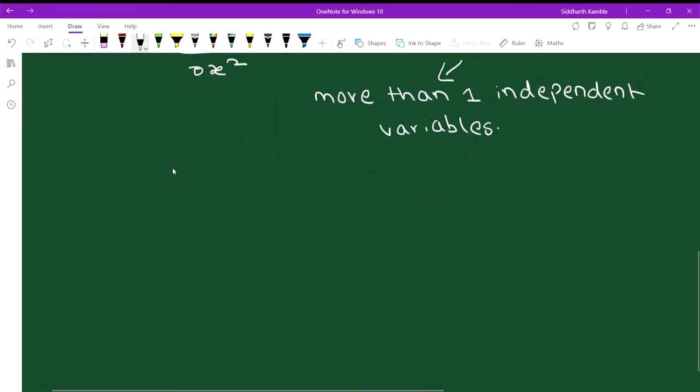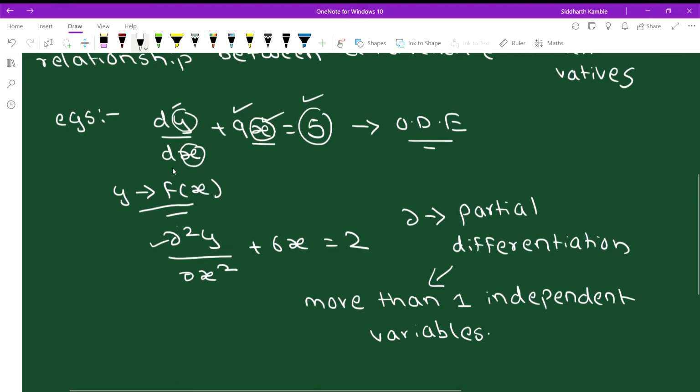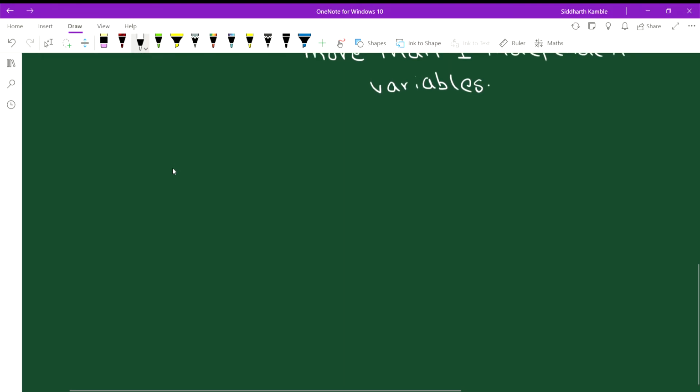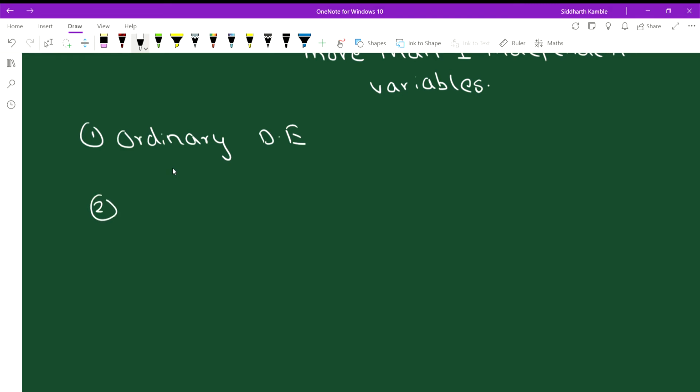We are characterizing these differential equations into two types: ordinary differential equations, and the second is partial differential equations. Now what is this ordinary differential equation?